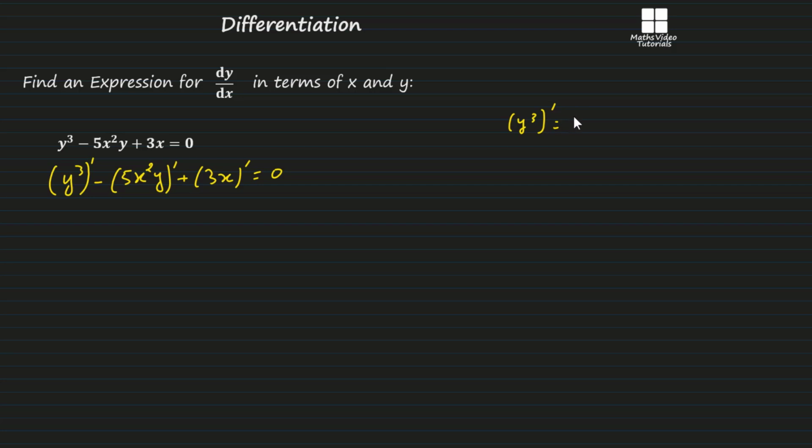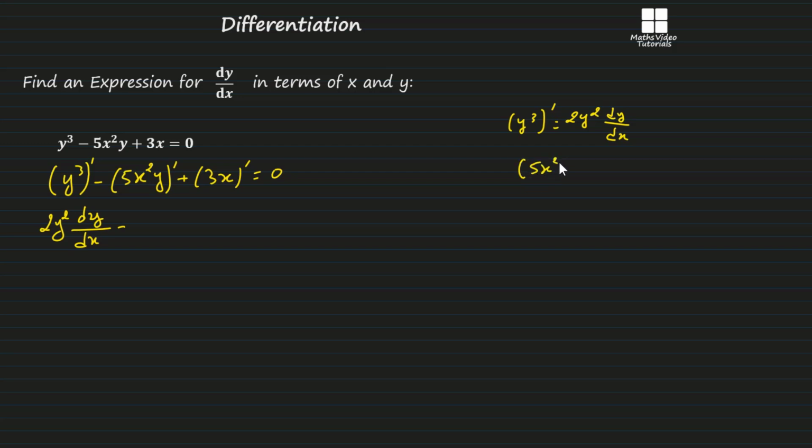You differentiate it first with respect to y, which gives us 3y squared, and then you differentiate y with respect to x, which gives us dy with respect to dx. So let's write it down: 3y squared dy by dx.